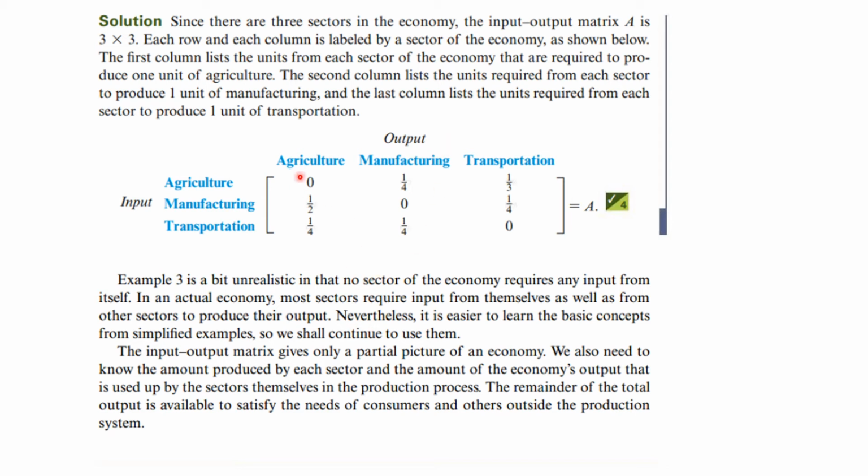Now this is a little bit unrealistic because I have zeros along the diagonal, which means you don't get anything from itself. That is unrealistic because farmers have to eat their food, for example. But we often will have these, and we will use these to solve the problem that Leontief solved.